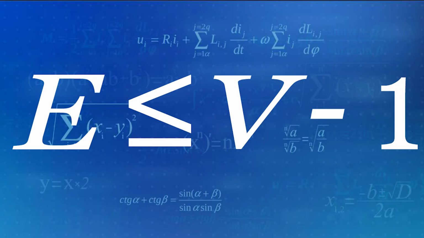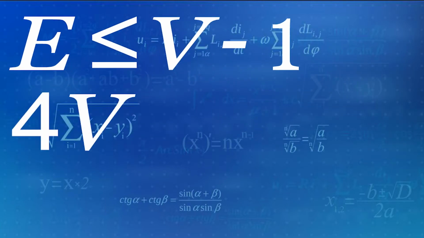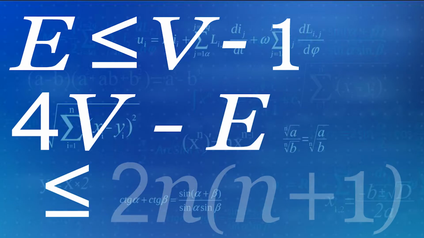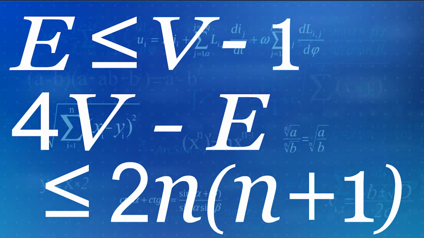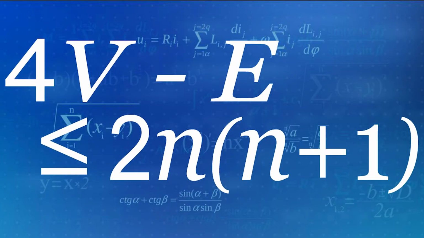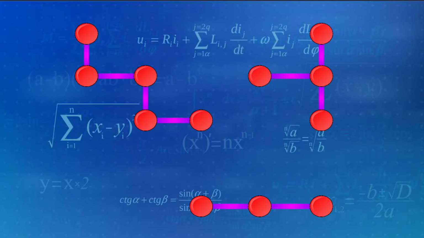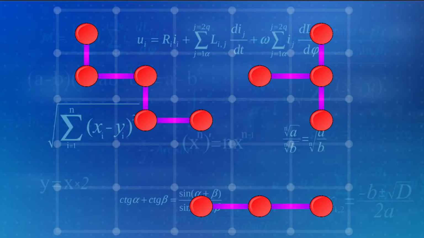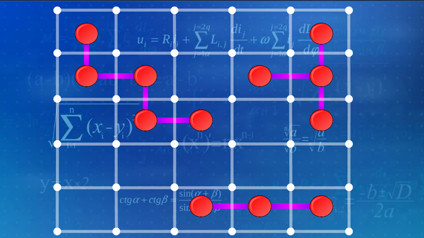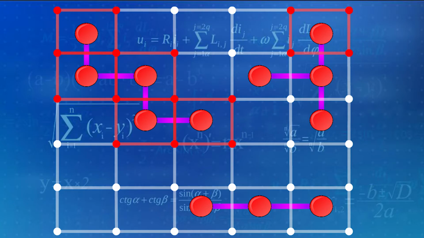The second inequality that we need is that 4v minus c is smaller or equal to 2n multiplied by n plus 1. Let us now prove this inequality. We look again at our graph, in the grid of size n by n, which divides our field. For each vertex in our graph, we count all the boundary edges around it.